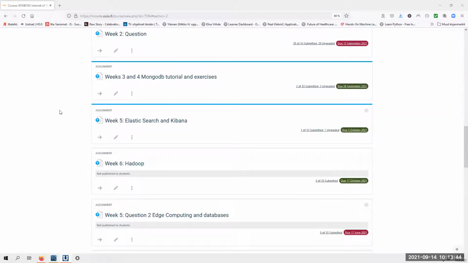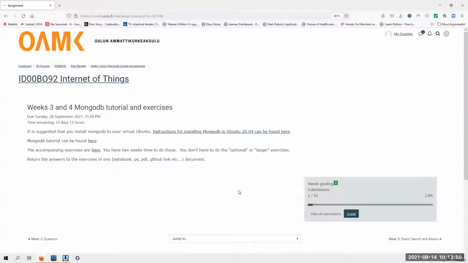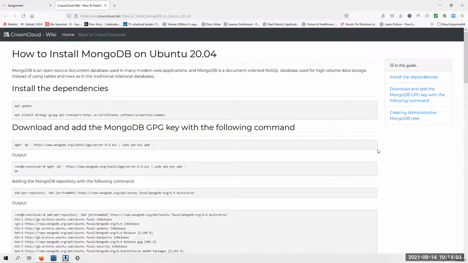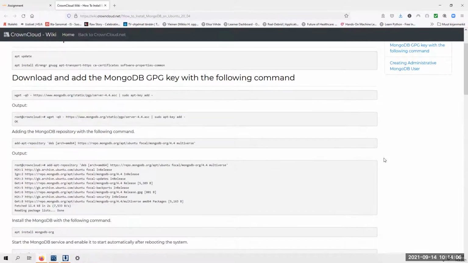Now, for this week, we have had this MongoDB, and there were problems with the links, as discussed last week, and it was quite easy to install it on Ubuntu. Instructions are quite straightforward. If you have sudo rights, then you can do it.